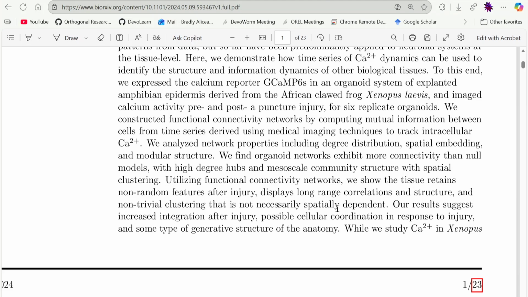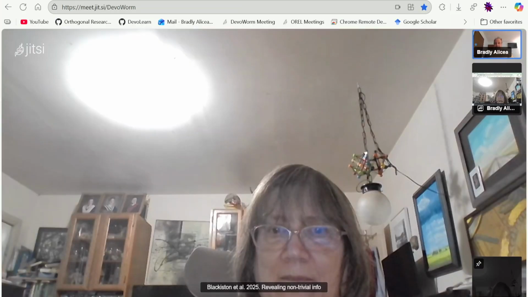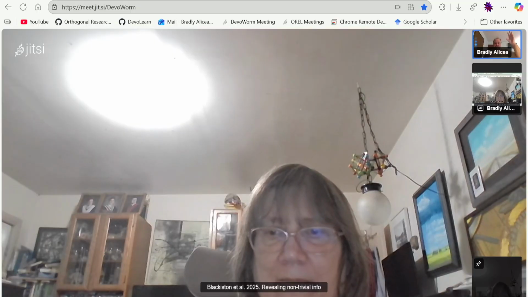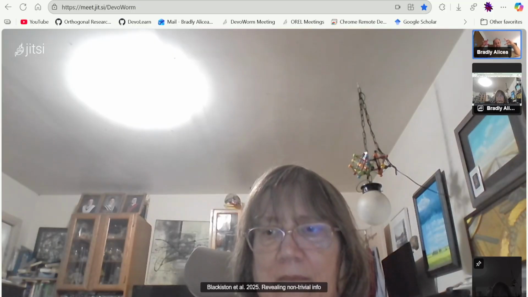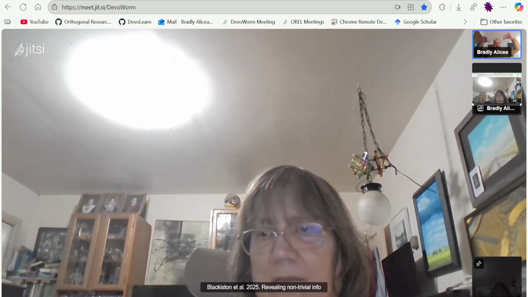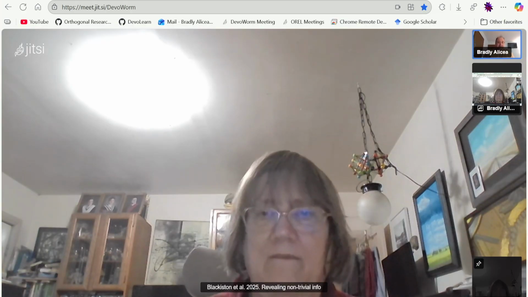Interesting. So you're puncturing the tissue. It's changing the connectivity because the cells reorganize. I mean, if you've seen wound healing, the cells will migrate towards the site of injury and fill in, and then reorient themselves to one another and restructure.